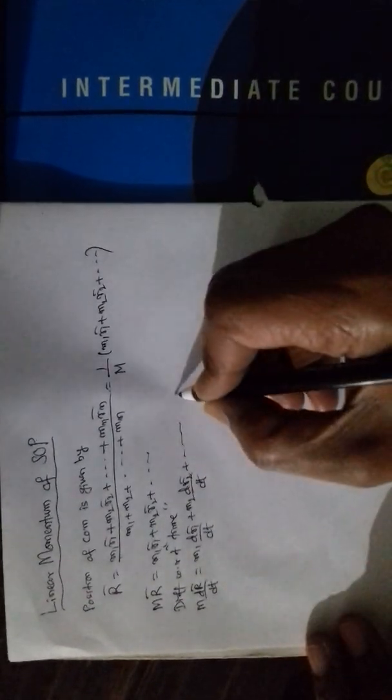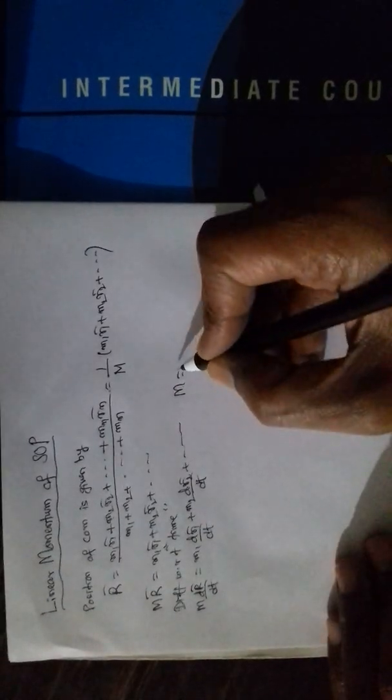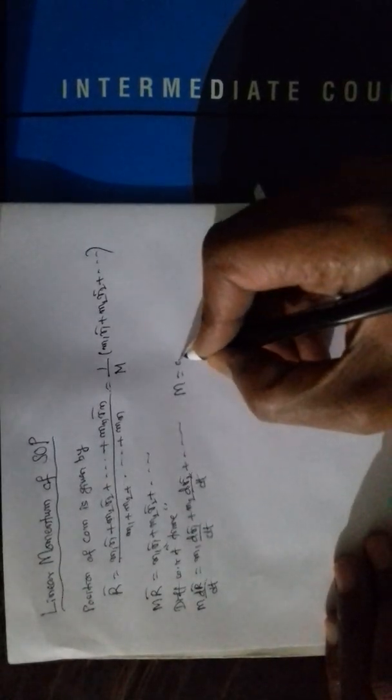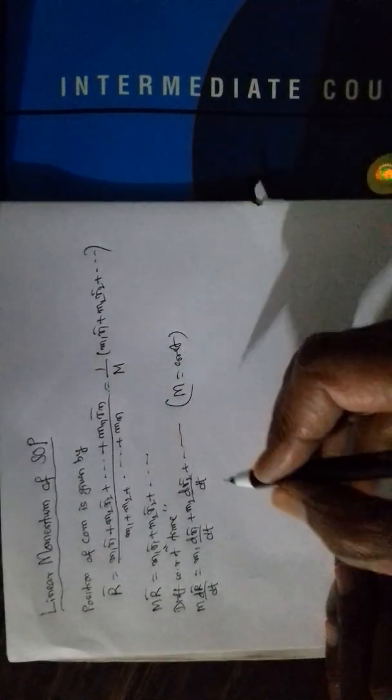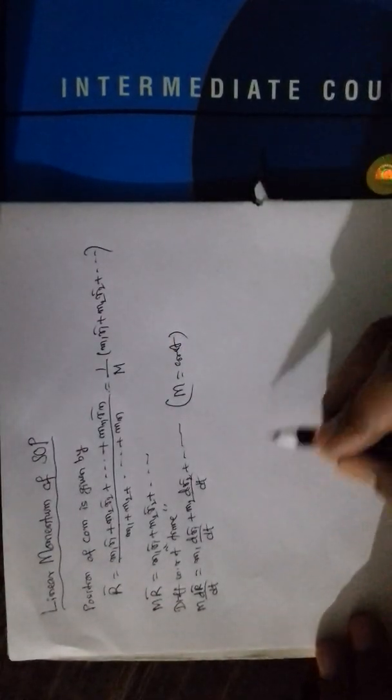Here total mass of particles of a system of particles is constant, that's why it is kept outside.